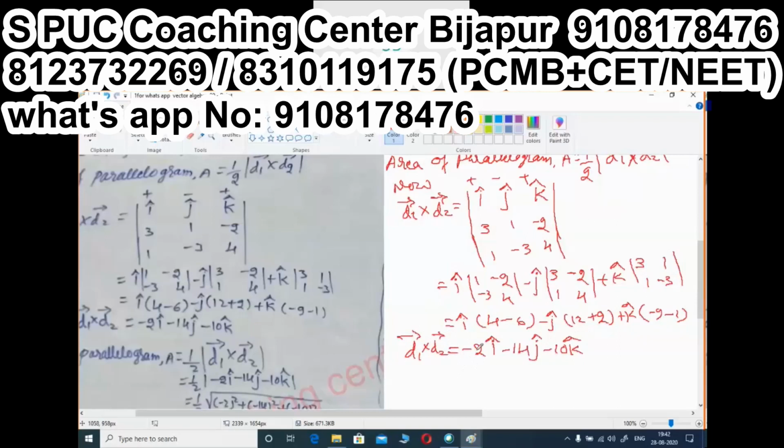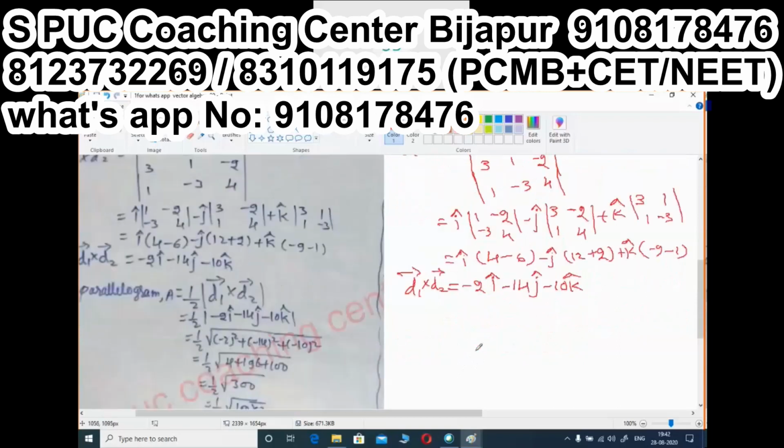Once you have found d1 cross d2, let us use that formula again here. That is the area of parallelogram. A is equal to 1 by 2 times the modulus of d1 vector cross d2 vector.